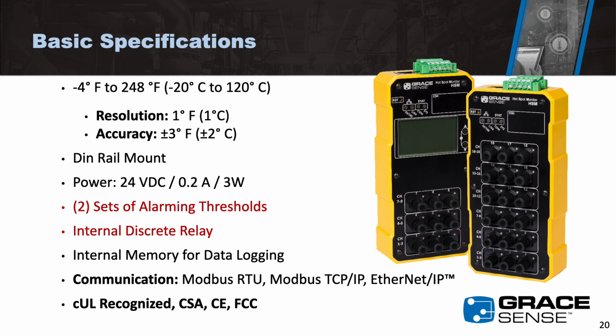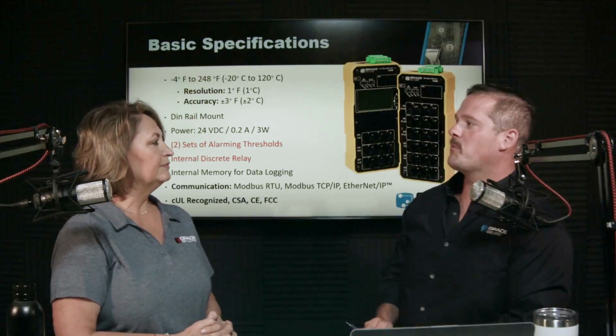And our solution has two stages of alarming that can be used as set points. I think it's really important because you know where your high levels are, right? Correct. The integration is incredibly important.